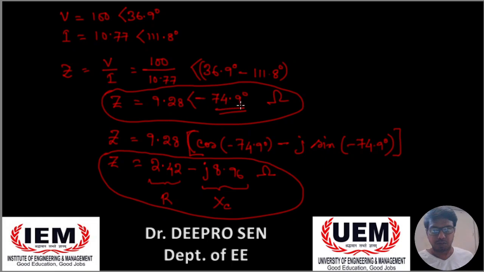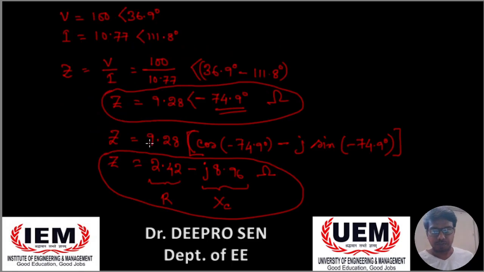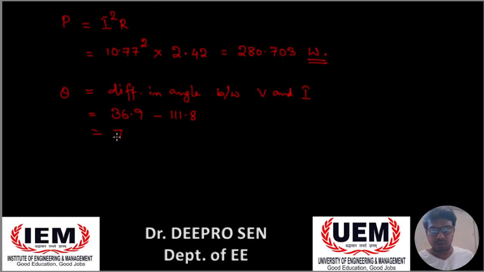So minus 74.9 degrees, which means that in a coordinate system, 36.9 minus 111.8 gives minus 74.9 degrees, that means theta is equal to 74.9 degrees leading.